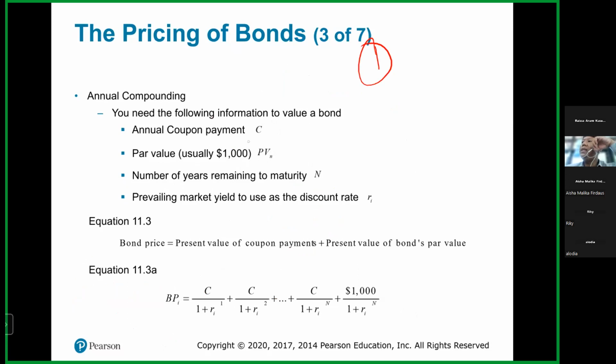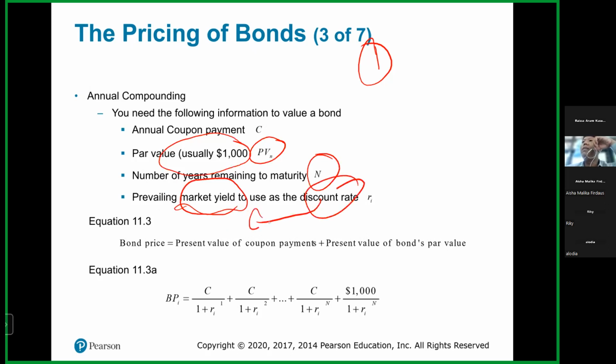So we will take this 1,000 to its present value, and we will have the number of years remaining to maturity is n, and the prevailing market yield to use as the discount rate.